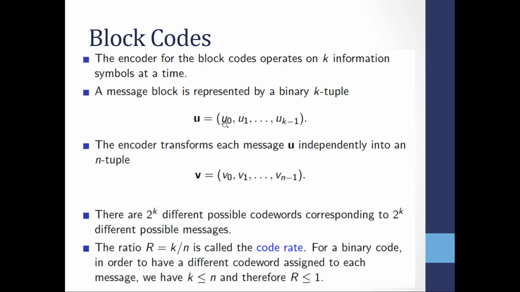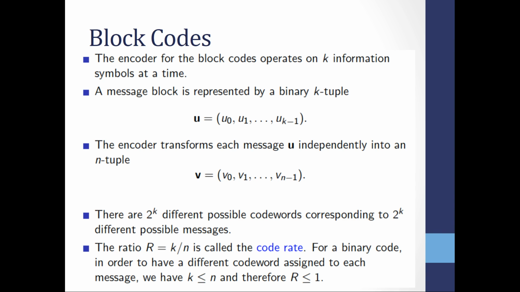Now if you have k digits for your message, then there are 2 to the power k different possible code words corresponding to 2 to the power k different possible messages. If you represent your message by binary digits, how many different possible messages can you get?